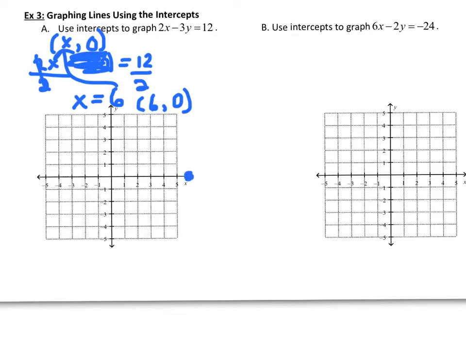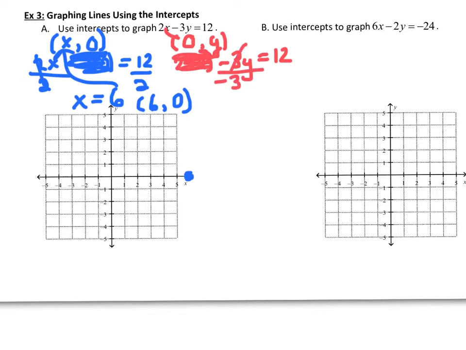To solve for the y-intercept, we'll plug in 0 for x and figure out what y is. So we'll solve 2 times 0, we're plugging in 0 for x right there, minus 3y equals 12. 2 times 0 is 0, so that cancels out, and we're left with negative 3y equals 12.